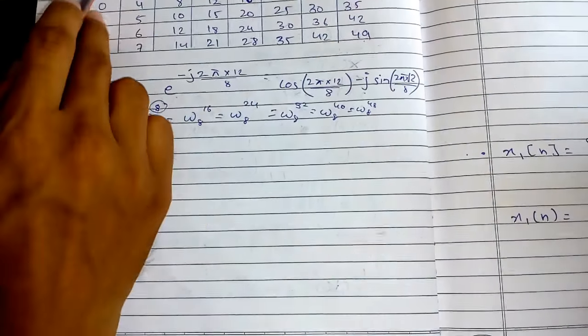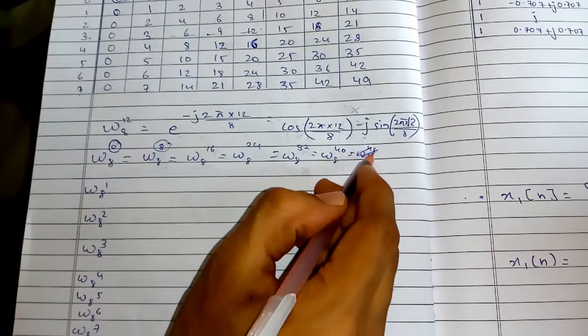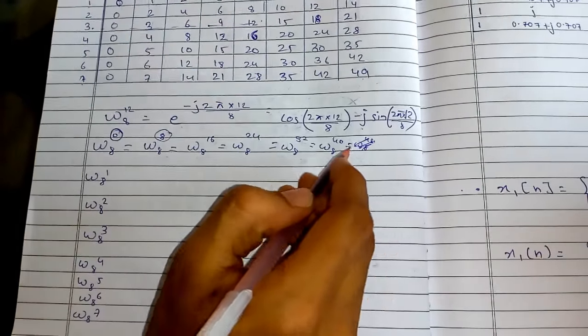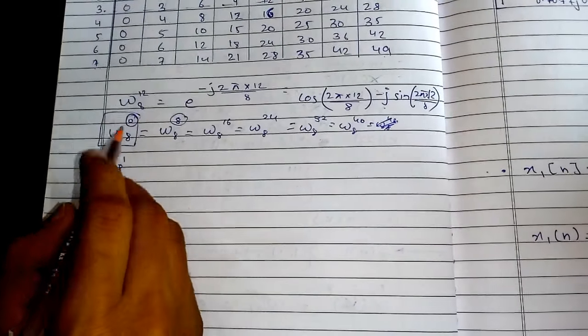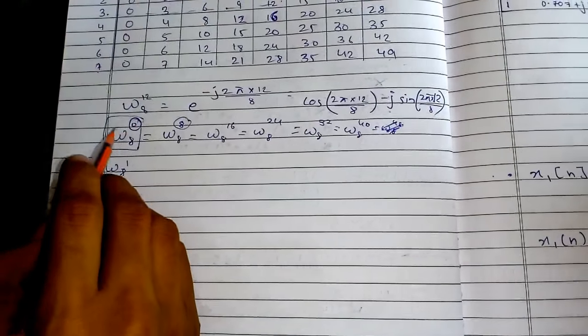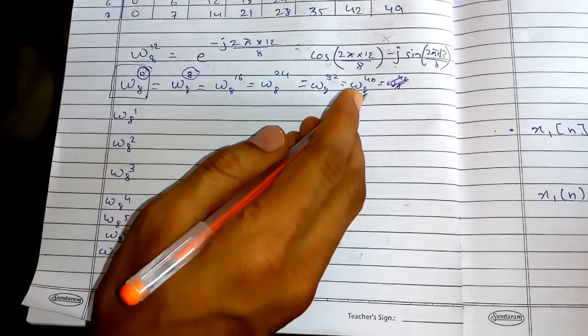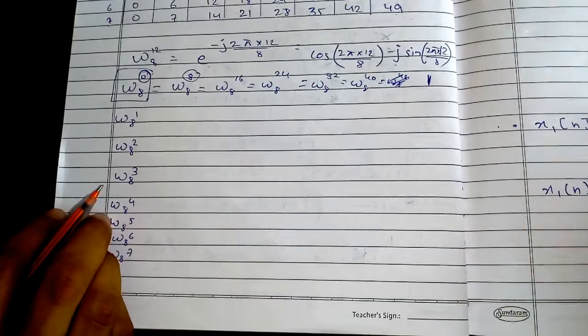But 48 is nowhere in this table, so just discard it. And what you need to do, just calculate the value of omega 8 raised to 0. Whatever be the value of omega 8 raised to 0, the same value will be for all of these terms. Beautiful, isn't it? And actually that will come out to be 1.